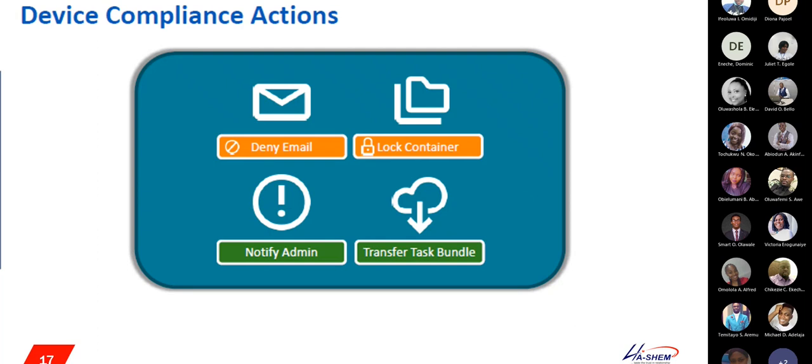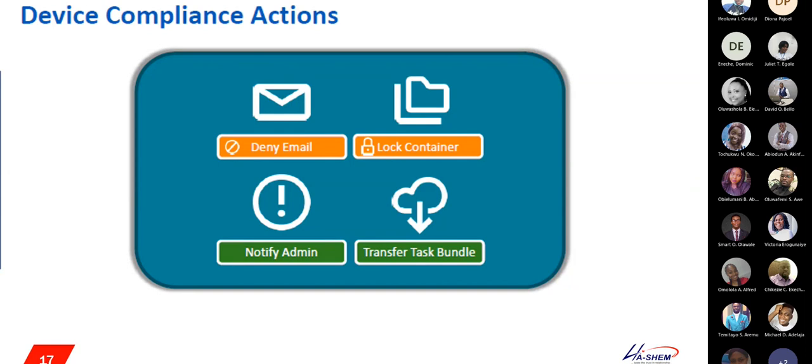For devices that do not comply with the compliance policy applied from Sophos Mobile, the administrator can configure a number of automated tasks for each of the policies. An automated action can consist of denying them access to email until the device is compliant. You can say if the device is not compliant, you want to lock the container. That's the container on the device.